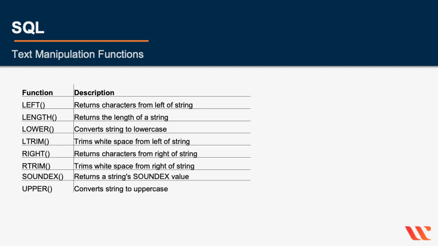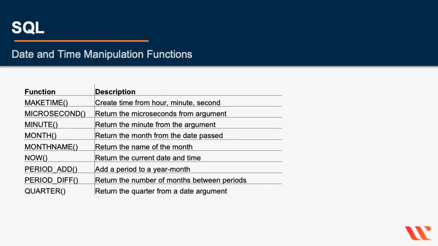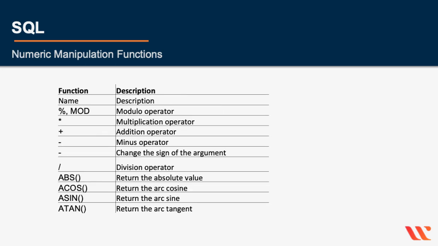These are examples of the text functions: length, lower, ltrim, rtrim, upper. Date and time functions: maketime, microsecond, minute, month, now. Now is an important one that gets the current date and time. Numeric functions: plus, minus, mod, absolute.